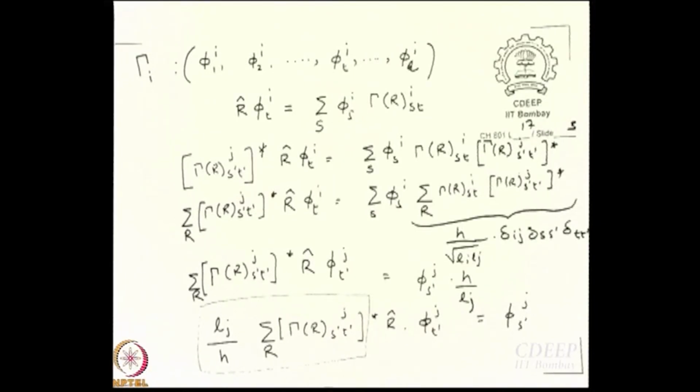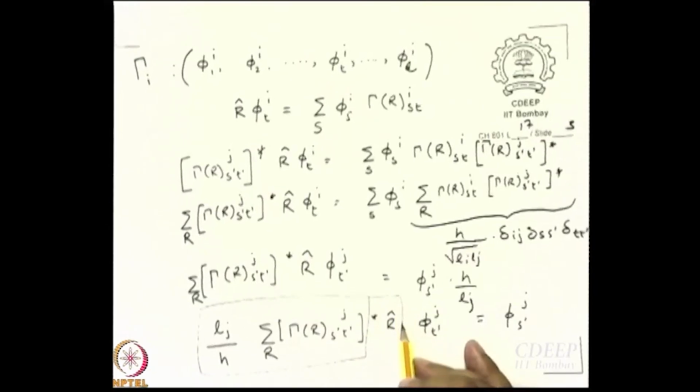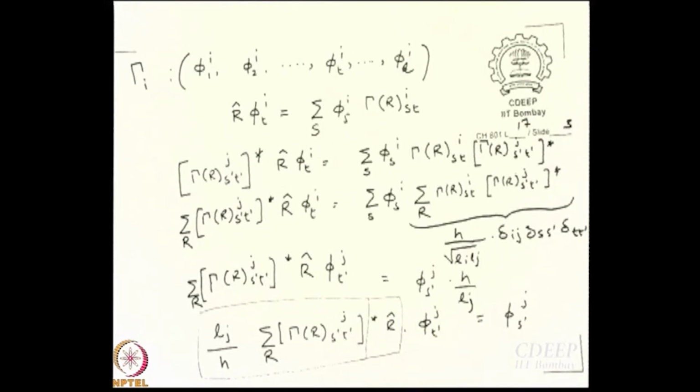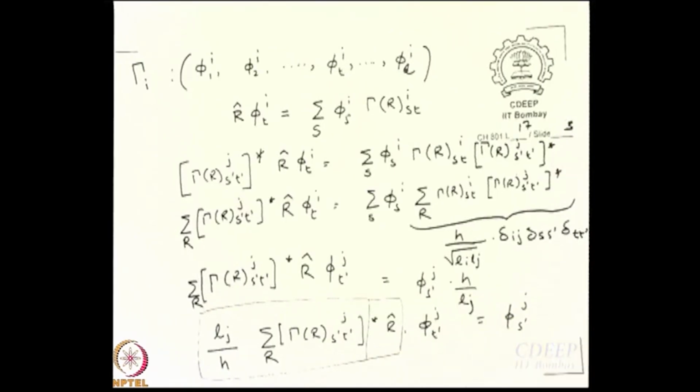I have taken this operator, made it operate, this is also within the operator, on a wave function, and this is why we have to substitute i equal to j, a wave function which is a basis for the jth representation, and I have generated another wave function which is also the basis of the same representation. I want to work within the same representation, that is why.